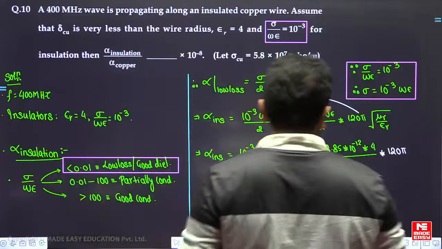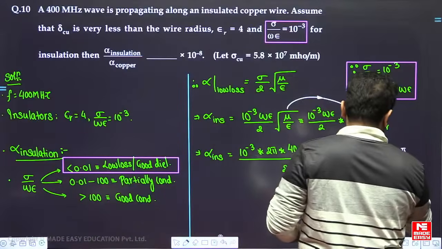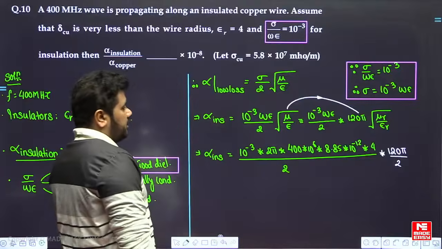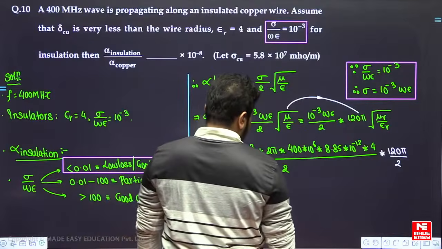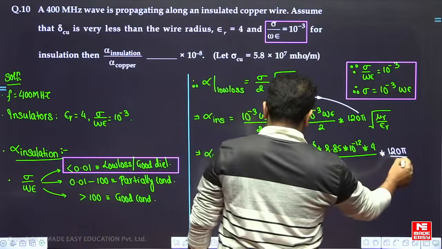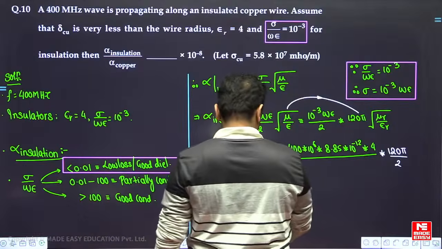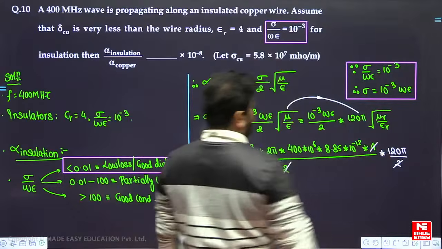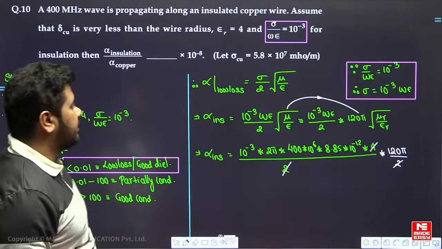Epsilon r is equal to 4, so the root will become 2. You can see that this 2 and this 2 get cancelled, or we can directly cancel them.